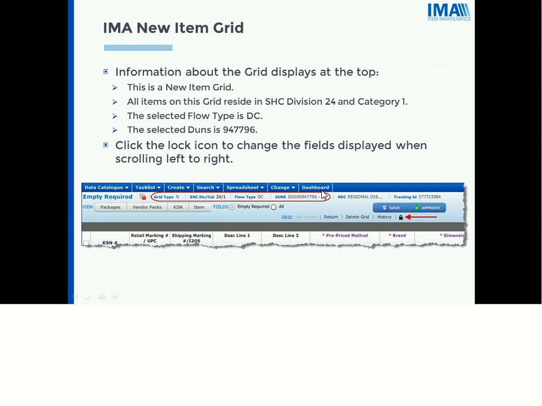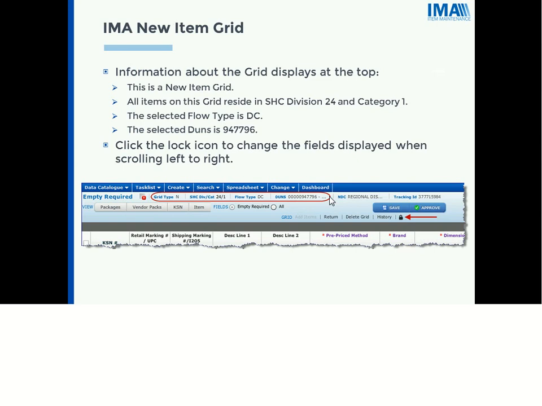Now, say you're working through your grid and you're reviewing that information and you realize that you put it in the wrong category, it should have been category 2. Or you see DC for the flow type and it should have been DSD.